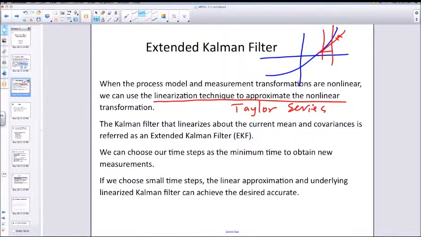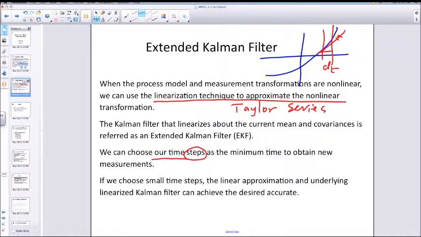When you do this approximation, all we need is that our time step dt is very small. If it's sufficiently small, the difference between the red line and the blue curve is negligible. That's the whole idea.